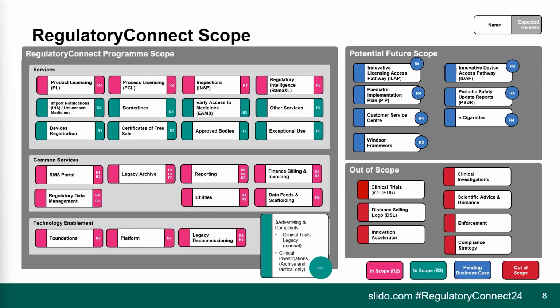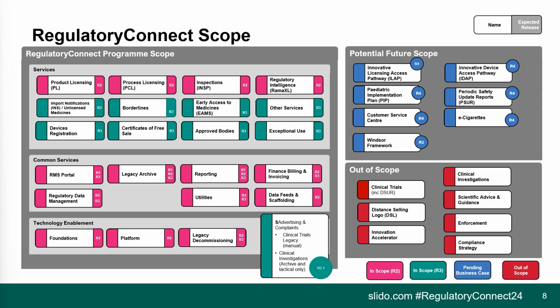The next slide really brings into scope all of the areas that I've mentioned. So product licensing, process licensing, inspections, the regulatory intelligence tools used both internally and externally, and things like import notifications, unlicensed medicines, borderlines, etc. You can see on the slide the scope of services that are included in this program.